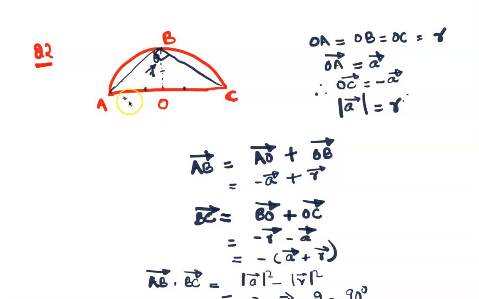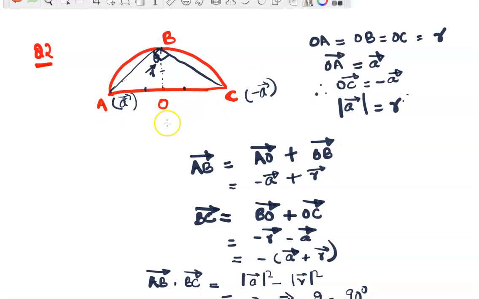Let there be a midpoint O, and let's say that's the origin, and there are 3 points A, B, and C. Since this is a semicircle, AO, OB, and OC will all have the same magnitude, and let's say it is R. Also, given this is a straight line, if the OA vector is A, then the OC vector is minus A, and the magnitude of the A vector is equal to R.